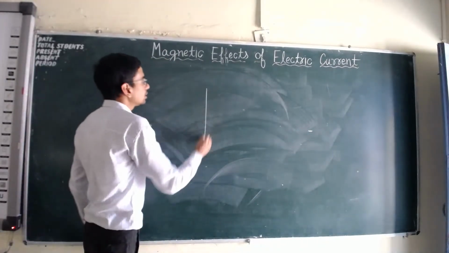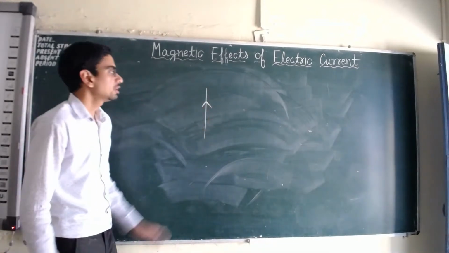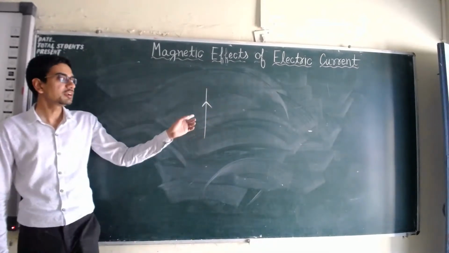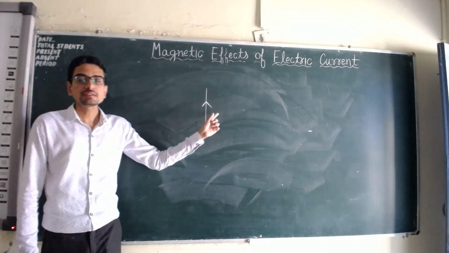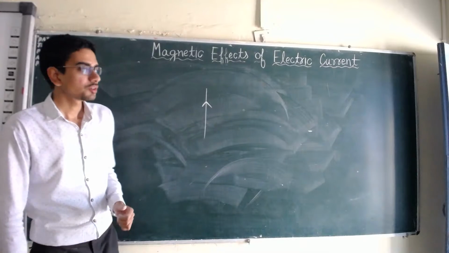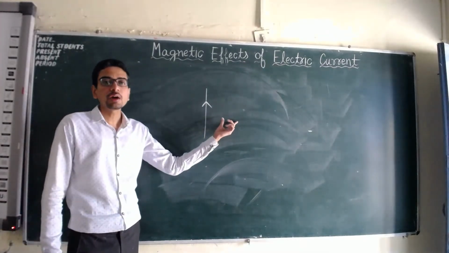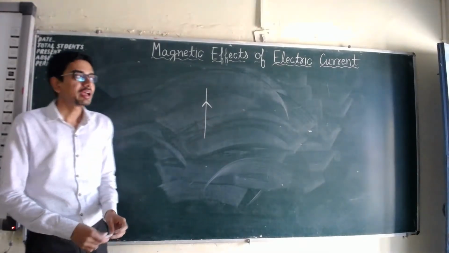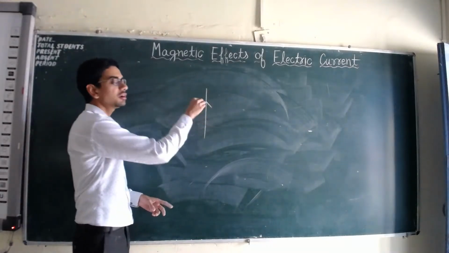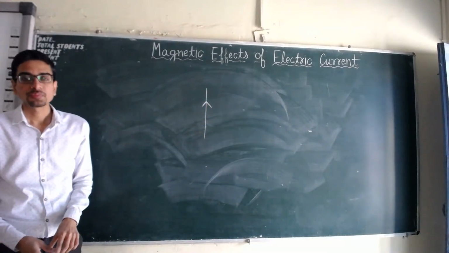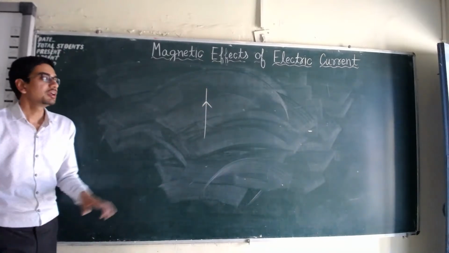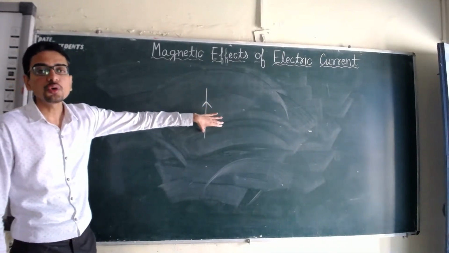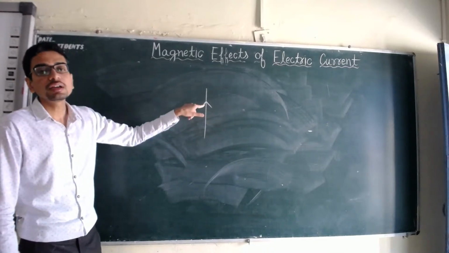This is a current carrying wire. एक वायर है, सर्किट का एक पार्ट है, एक वायर है, in which current is flowing. Okay, so अभी आपने मैग्नेट के अराउंड फील्ड लाइंस को ड्रॉ किया. As you know that current carrying conductor also behaves like a magnet. So इसके अराउंड भी आपको फील्ड लाइंस को ड्रॉ करना होगा. It means इसके अराउंड भी आपको मैग्नेटिक फील्ड शो करना पड़ेगा कि मैग्नेटिक फील्ड कहाँ पर है.